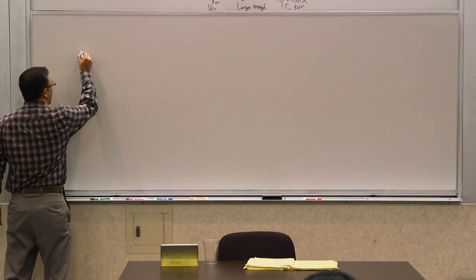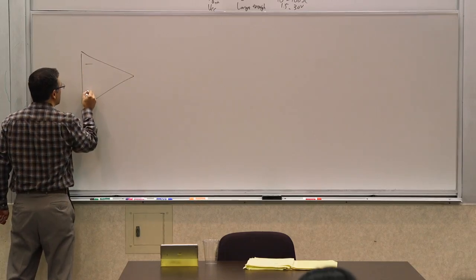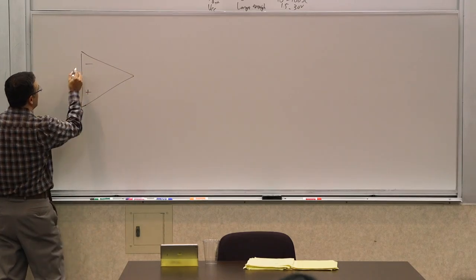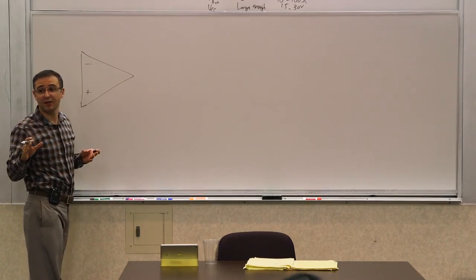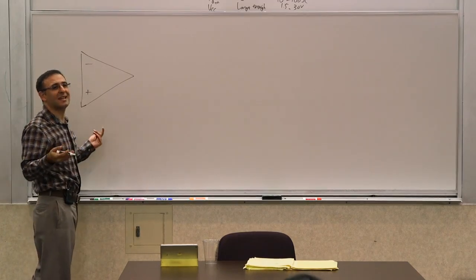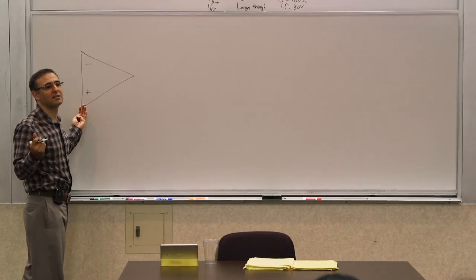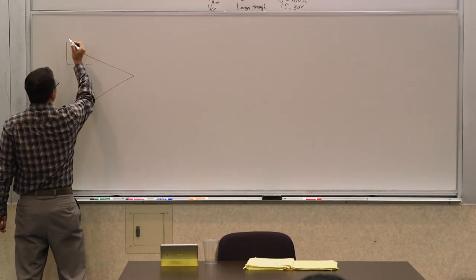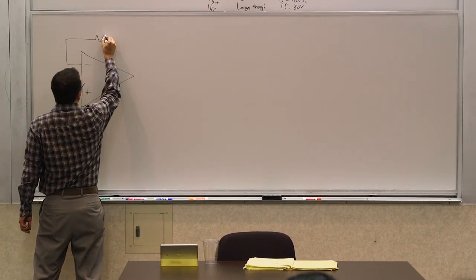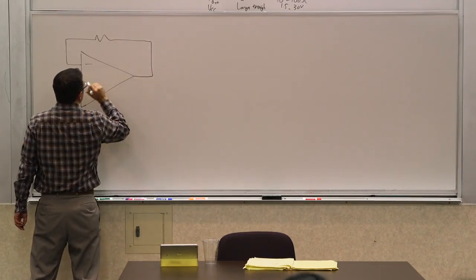So let's take this op-amp and make our first real amplifier with that. So this is where feedback comes into play. We said the ideal op-amp has a gain that approaches infinity. When we say approaches infinity, it means that for all intents and purposes it is large enough. So I need to somehow control this. What I do is apply a resistor here.